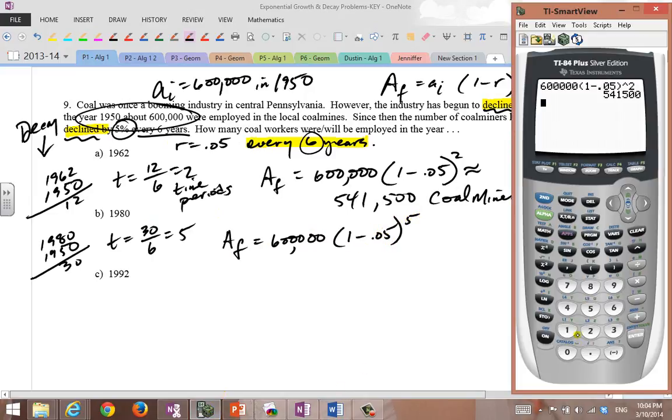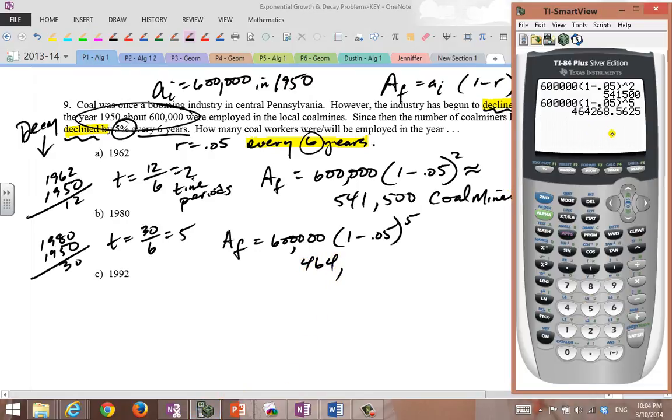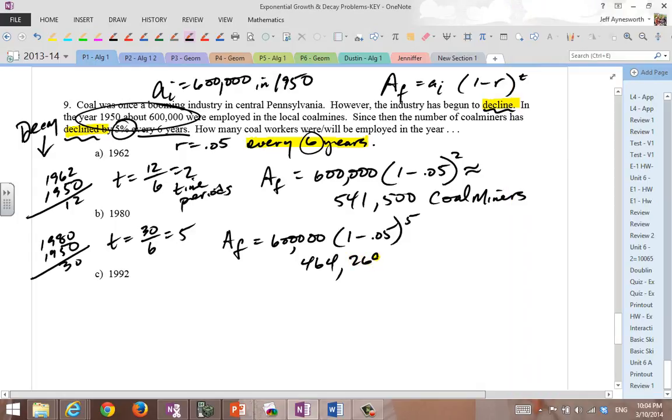All right, so I take 600,000, check to see if you inputted it correctly there, times 1 minus 0.05 raised to the 5th power. And I get about 464,269. So 464,269 coal miners.